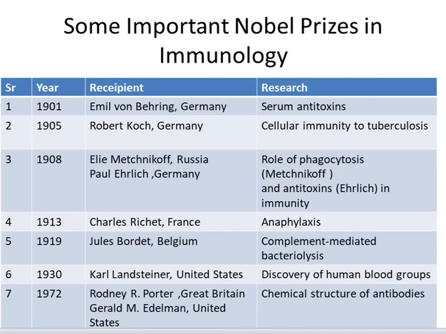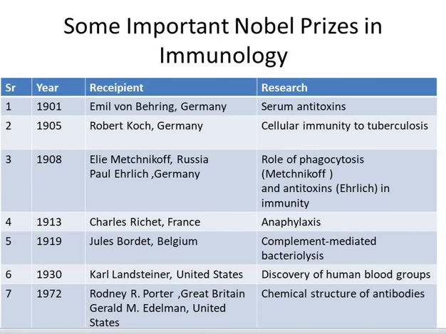In 1908, Elie Mechnikov from Russia and Paul Ehrlich from Germany were awarded the Nobel Prize for their discoveries of the role of phagocytosis and antitoxins in immunity. In 1913, Charles Richet from France was awarded the Nobel Prize for the discovery of anaphylaxis. In 1919, Jules Bordet, a Belgian scientist, was awarded the Nobel Prize for the discovery of complement-mediated bacteriolysis.